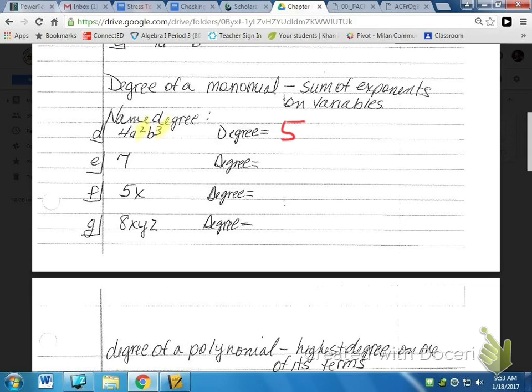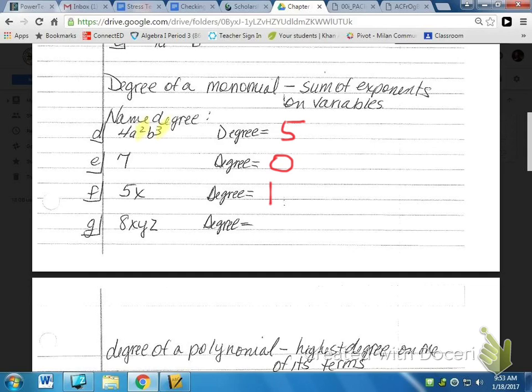All right, example E, 7. What would be the degree of that monomial, Ben? 0, because there is no variable, so the variable's exponent must be 0. All right, F, 5x. Evan? 1. Definitely 1.